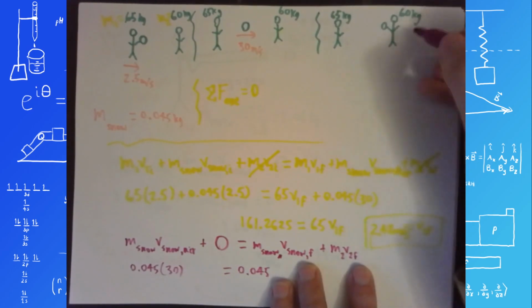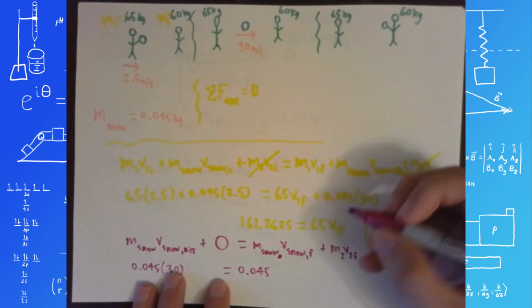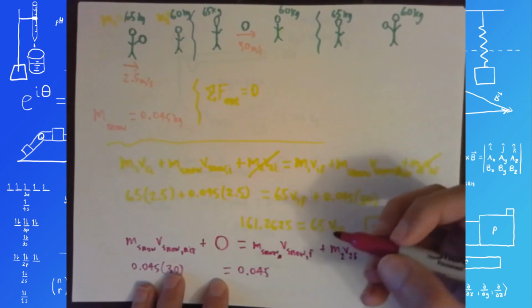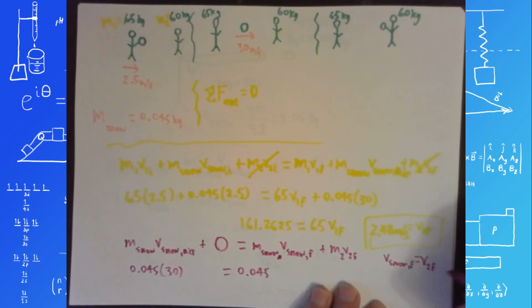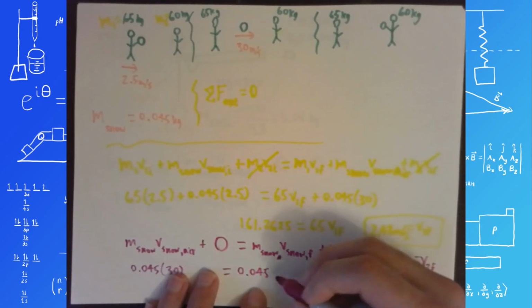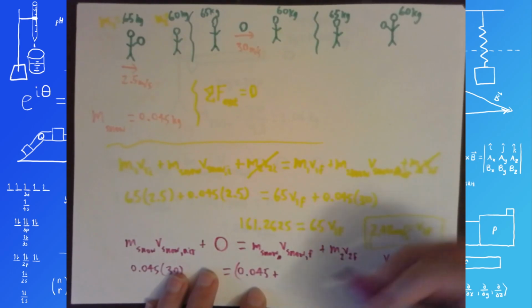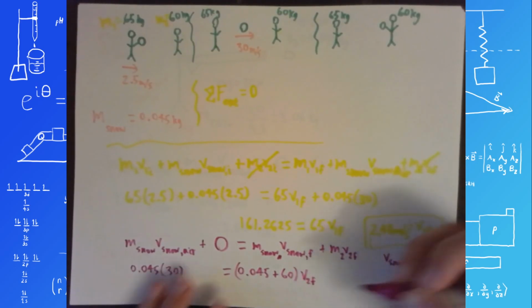Well, when the person catches the snowball, they both have the same v final, so in fact I can factor out the v final for both of them. V snow final equals v2 final, so I'll just call it v2 final since it's quicker to write, and factor that out for both of them, like so.